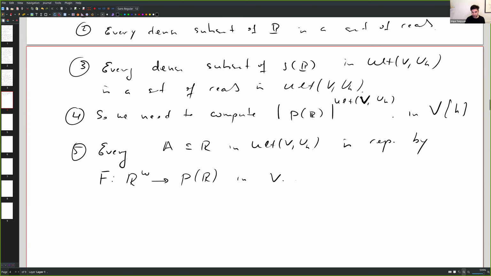Such F can be coded in V by a set of reals.